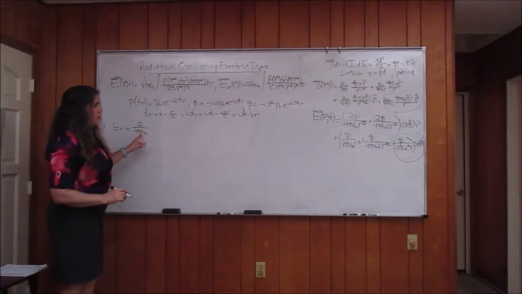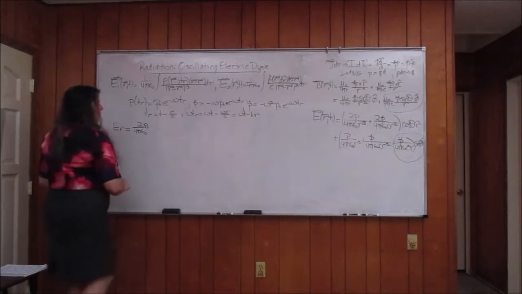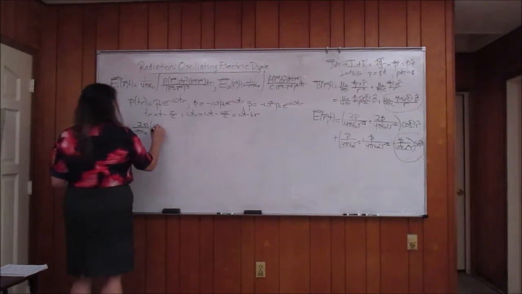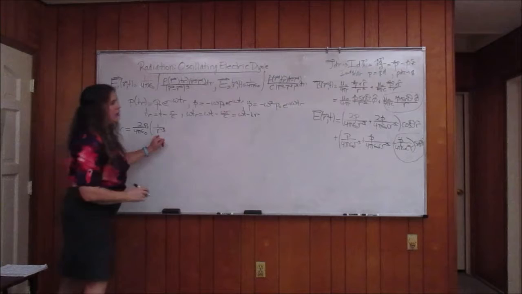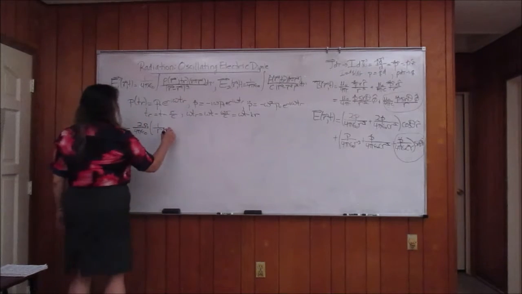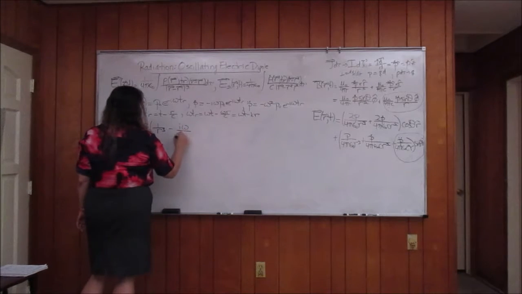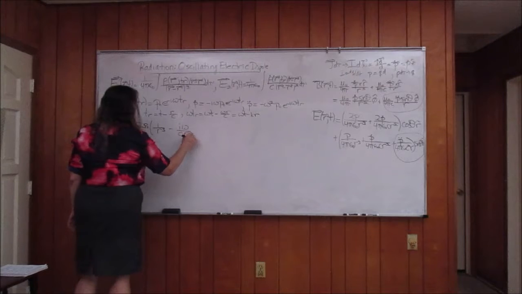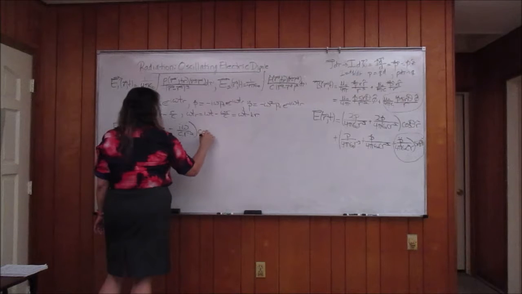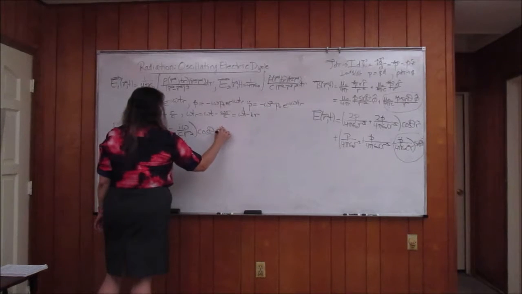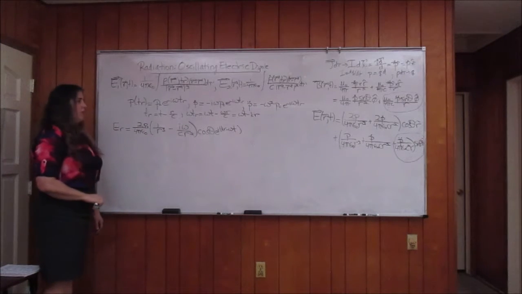I'll pull out a factor of 2 p naught over 4 pi epsilon naught, leaving 1 over r cubed here, and in the second term, you're going to have a minus i omega, and we have an additional factor of c, but we've only got r squared there, times cosine theta, e to the i k r minus omega t.